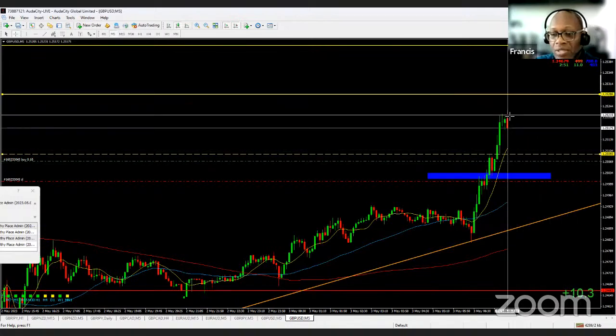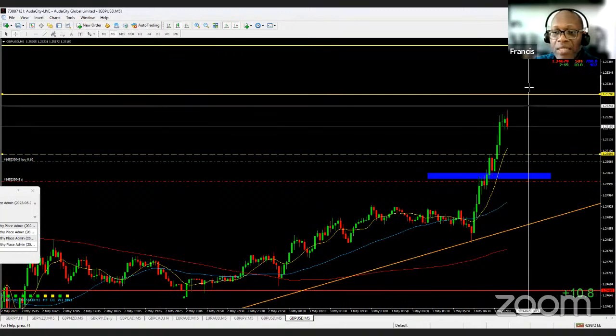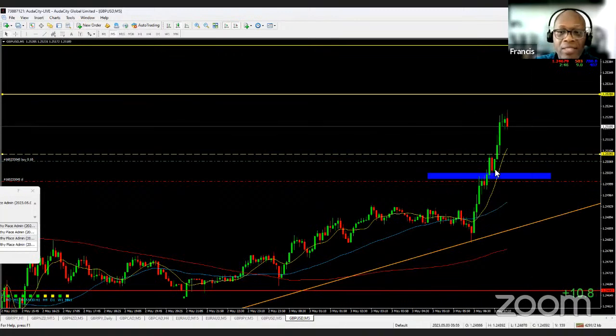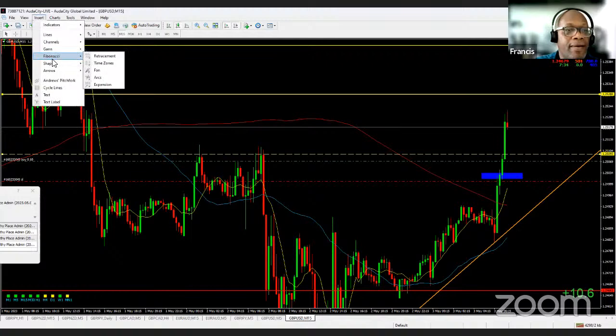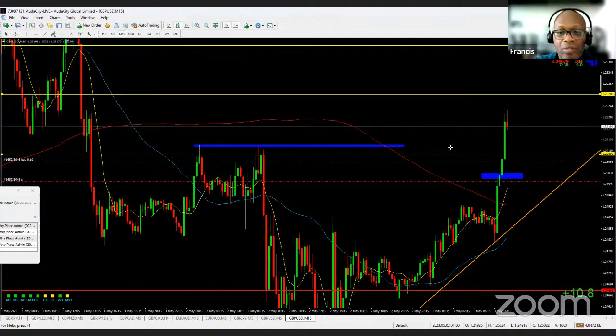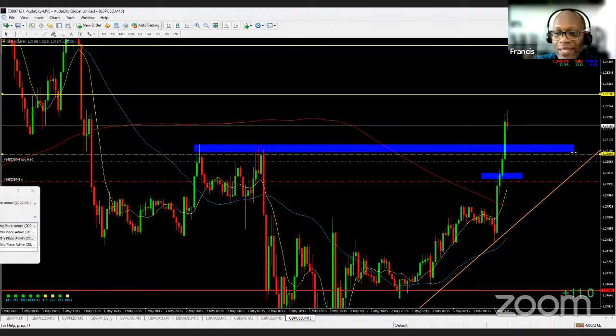So let's just take it that this is a pause as well, and that it is not going to come and retest the high. Let's mark up this high so we can see it visually, so we know where we don't want the price to get to. We don't want the price to get back there.